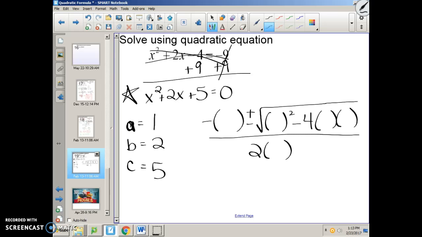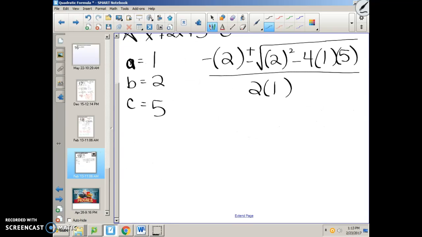Okay, negative b, well, b is 2. Negative 2 plus or minus the square root of b squared, 2 squared, minus 4ac, all over 2a. First step should look like that. Negative 2 plus or minus 2 squared is 4.